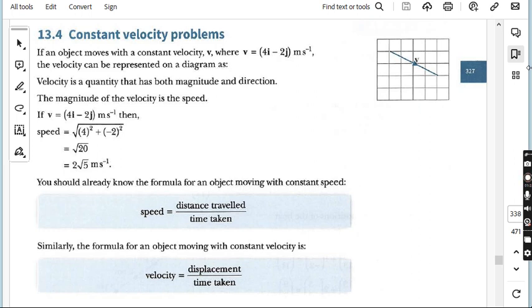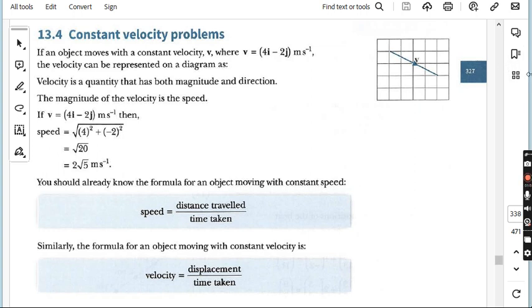So let's start the concept of constant velocity problems. You know the formula of speed is distance upon time, and the formula of velocity is displacement upon time. What's the difference? Speed is a scalar quantity and velocity is a vector quantity, or shortly you can say velocity is represented in terms of i and j, where i and j are the unit vectors.